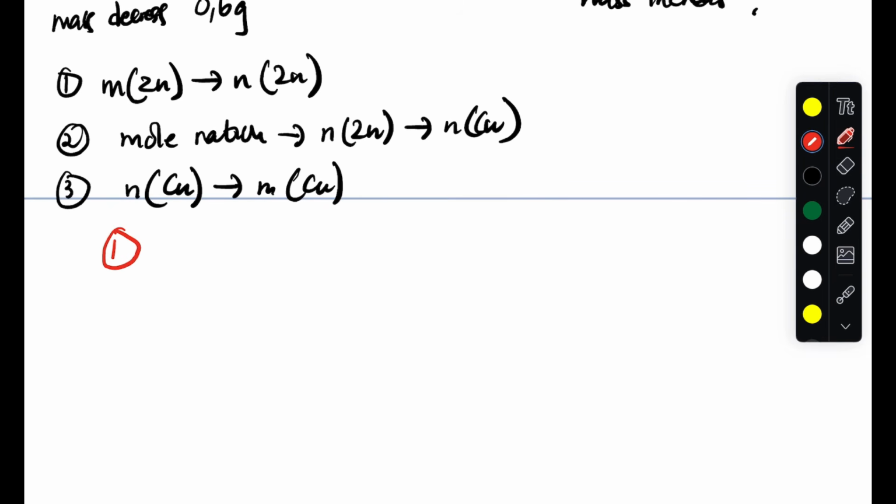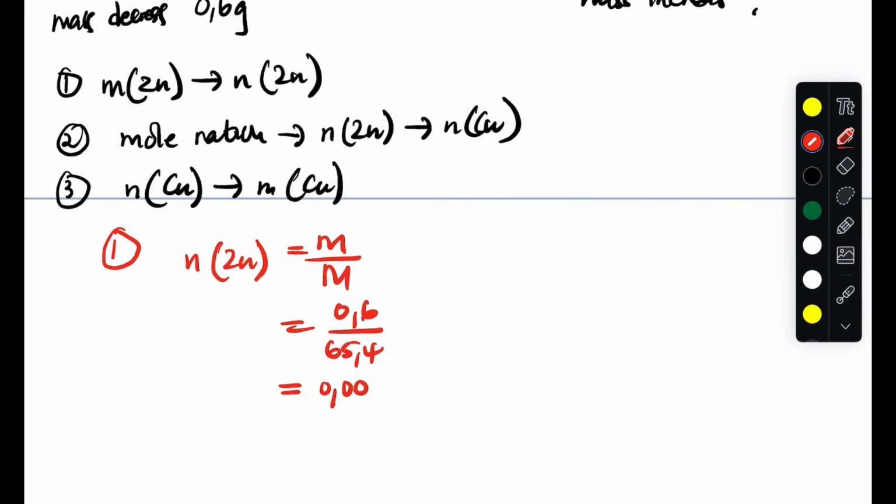Step number 1. I'm going to calculate the number of moles of zinc using this formula. The mass is 0.6, and we divide it by the molar mass of zinc, which is 65.4. When you divide that, you get 0.0092 mole.